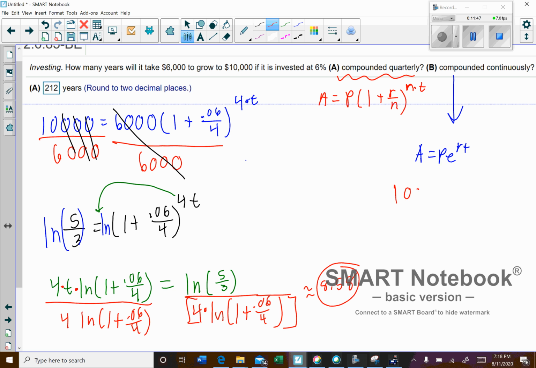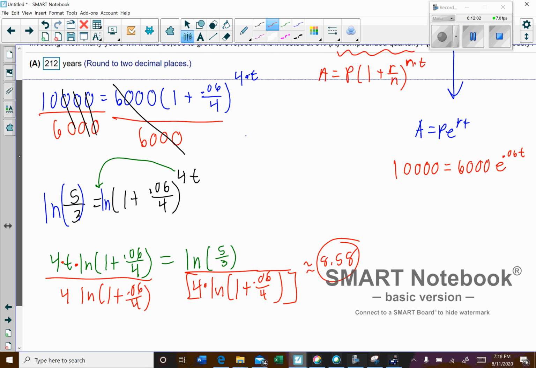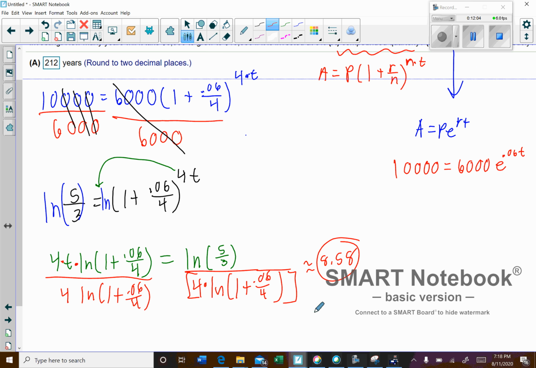We want to accumulate 10,000, we're starting with 6,000, and it's going to be e raised to my rate 0.06 times time again. My answer is going to be really close to the other one. It might shave off a little bit. It's not going to make that big of a difference. It's still going to be 8 years and something, so we'll see.